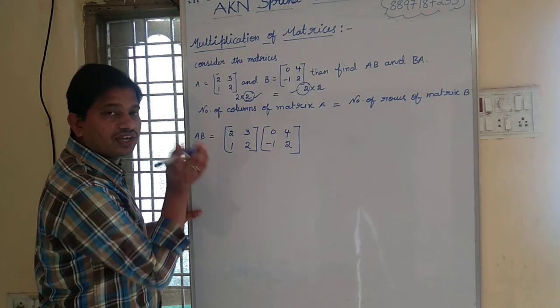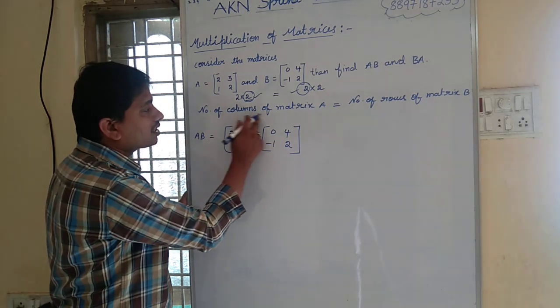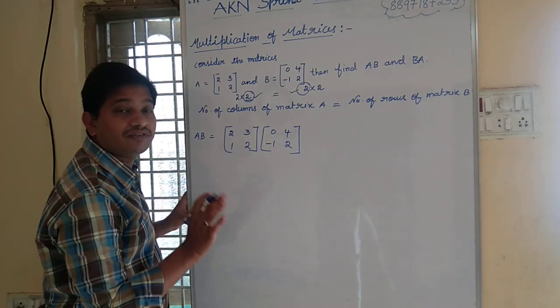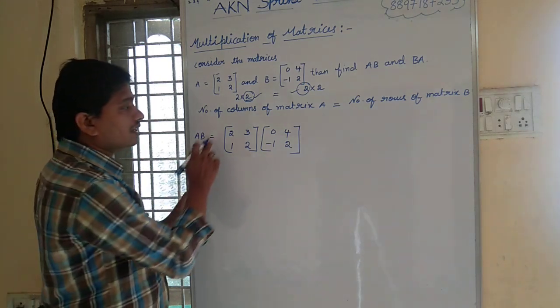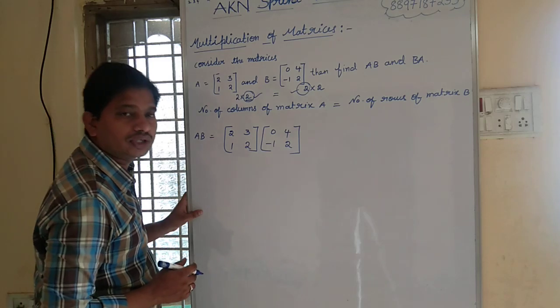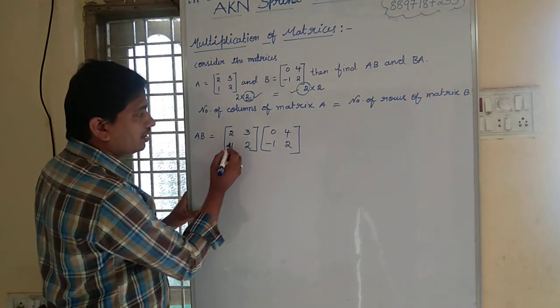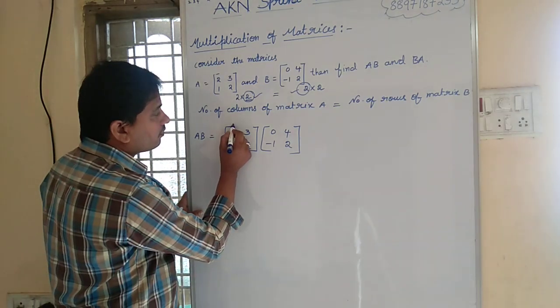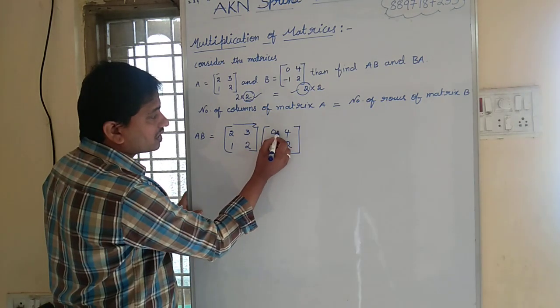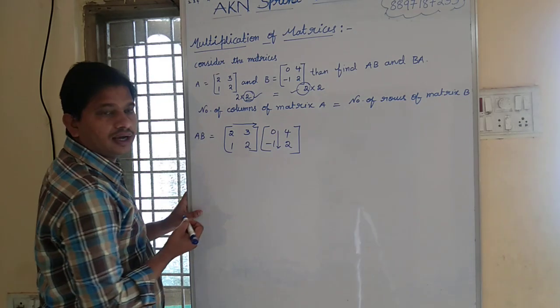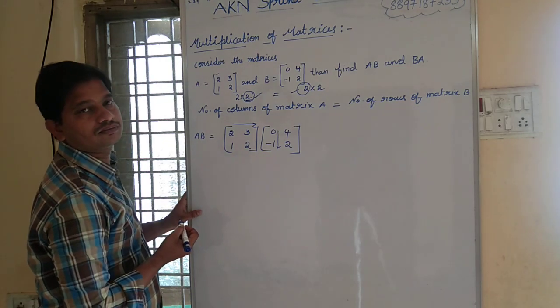When we are adding, we add corresponding elements. But in multiplication, we can't multiply corresponding elements. So what to do, children? We have to multiply the elements in the first row with the elements in the first column.